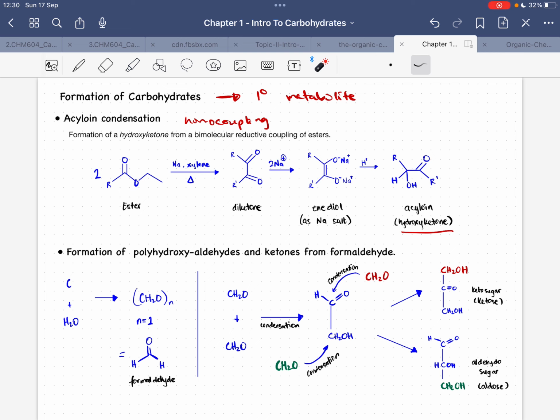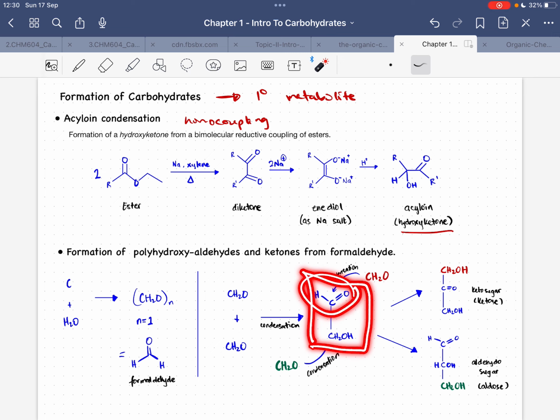So these formaldehyde units, if there are two of them, will condense together to form this hydroxy aldehyde here. The mechanism of their condensation is somewhat similar to the acyloin condensation, so it becomes an acyloin-type compound.